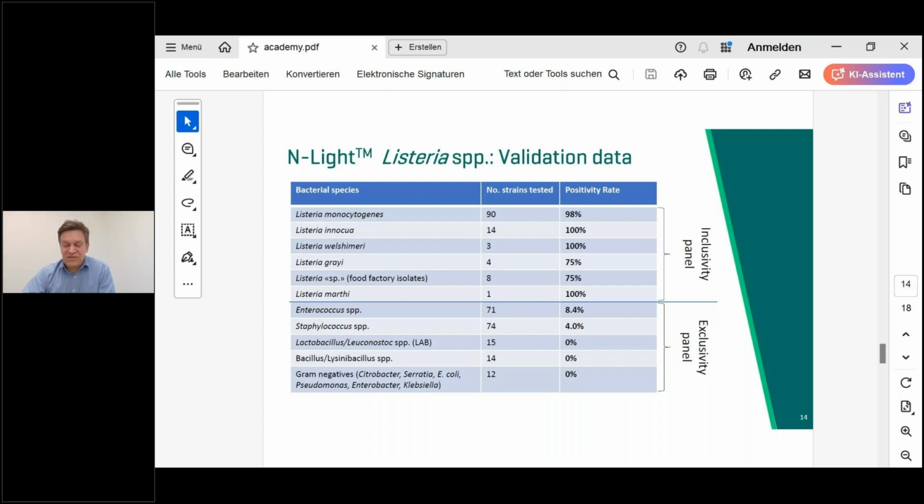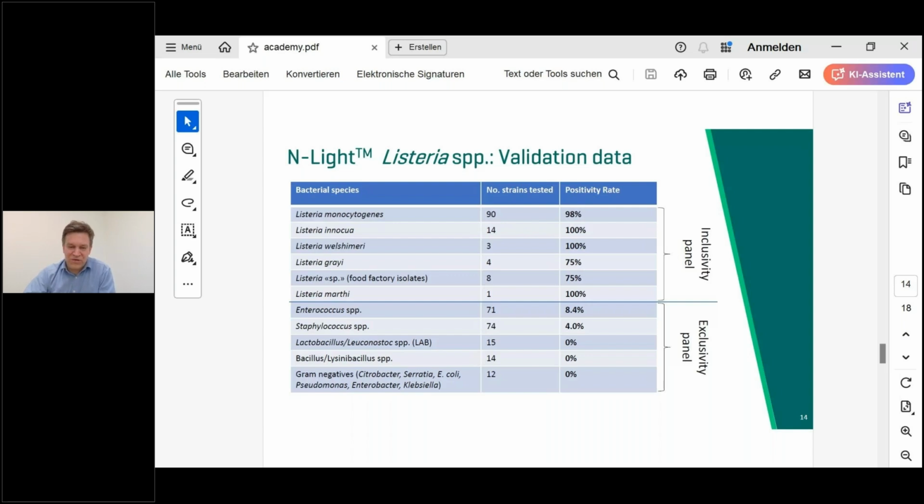Then the exclusivity is also very important in tests, certainly so that you don't have too many false positives. For the beta-glucosidase-based tests, like the Fraser broth, there's a big issue that almost all Enterococcus strains are positive for this enzyme, but luckily we found that for the enzyme we use, it's only 8% positive.